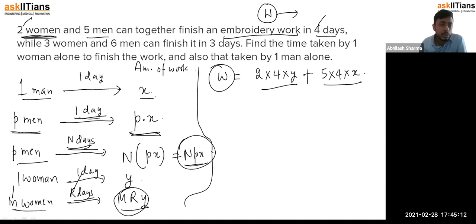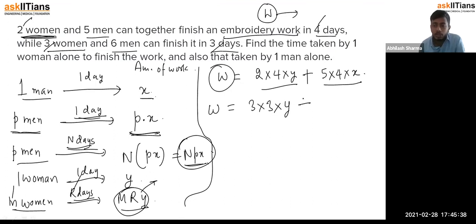Now, 3 women and 6 men can finish the same work in 3 days. So the total amount of work can also be written as what? Look, 3 women in 3 days, how much work will they complete? 3 into 3 into y, obviously, because using the same logic.